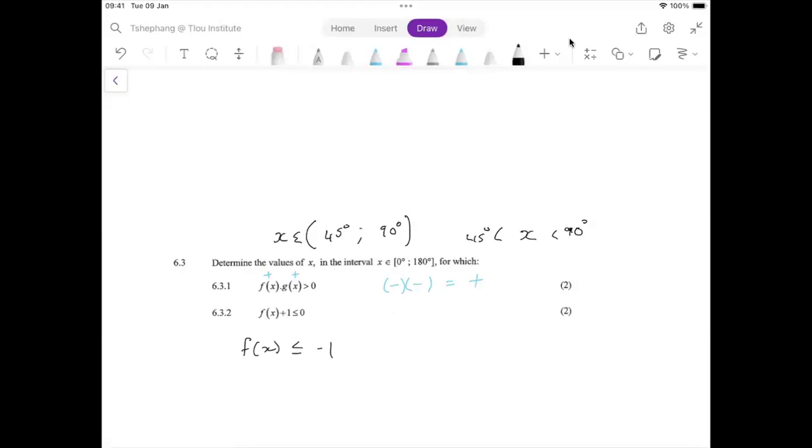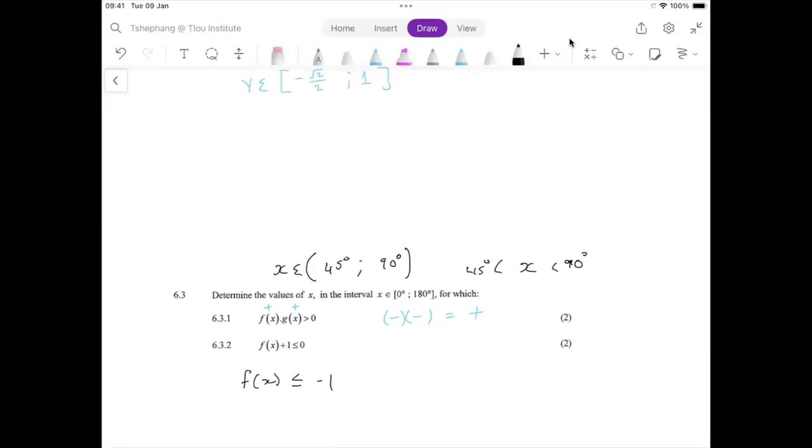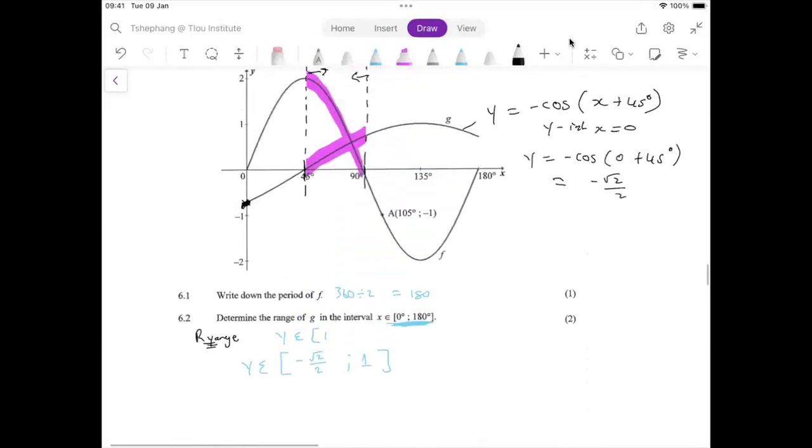So we want where f of x is under minus 1. I'm going to go to minus 1 and draw a line there. So we want where f of x is under this line that we just drew. It is going to be this part. Please make sure you understand what I just said.